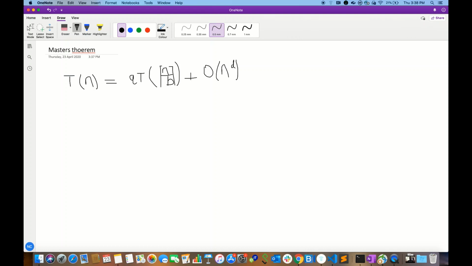If you guys can remember, we generated this sort of total amount of work that needs to be done during the analysis of divide and conquer algorithm which we discussed.